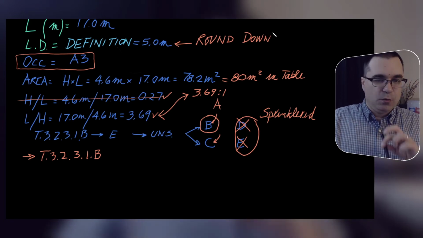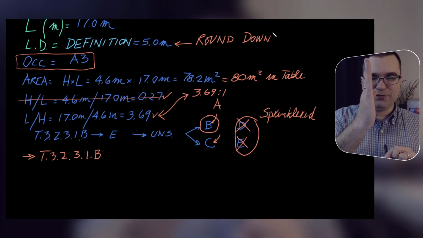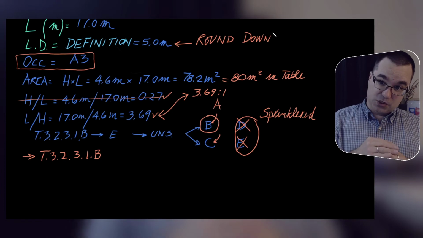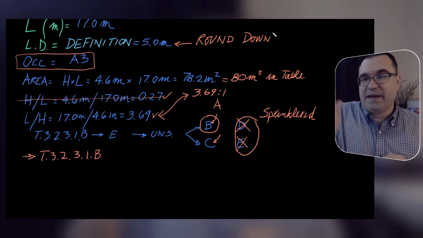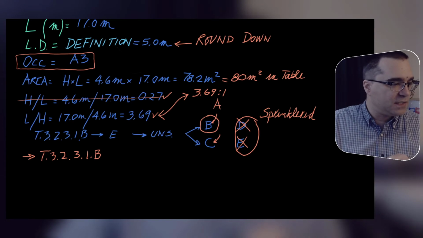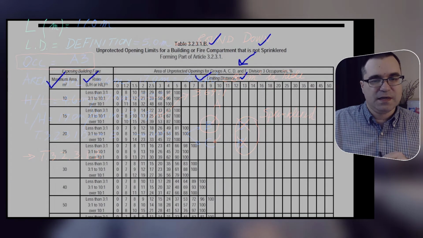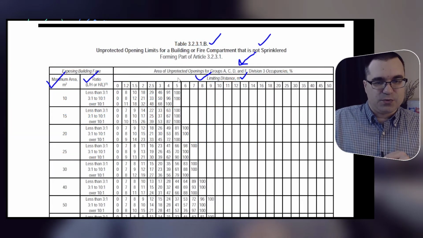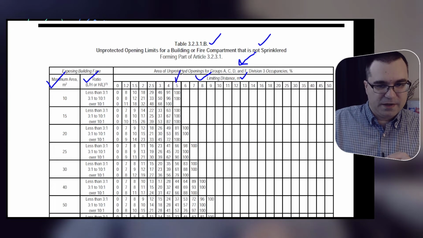So in the table, we have to see if we can find 5 in the limiting distance columns. And if we can't, we go down to the nearest one. Let's go see what the table gives us. Look at this right here. It does have a column for 5. See it?